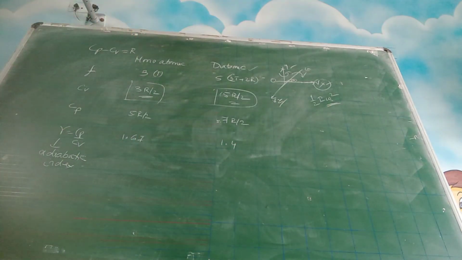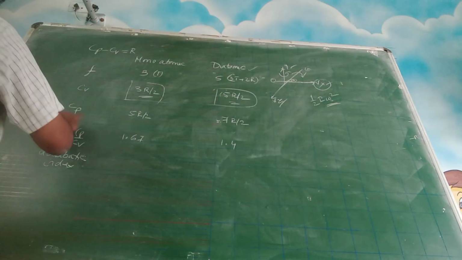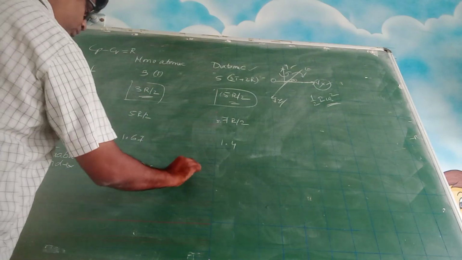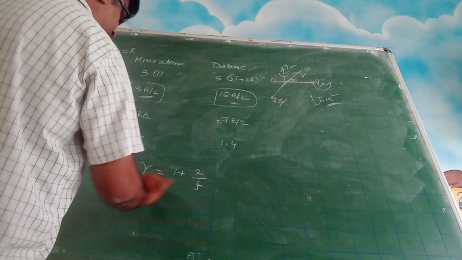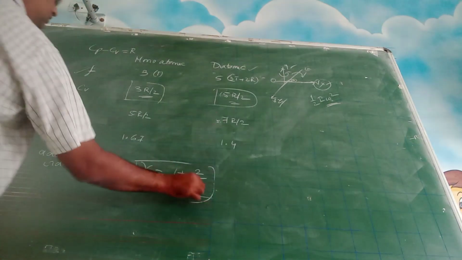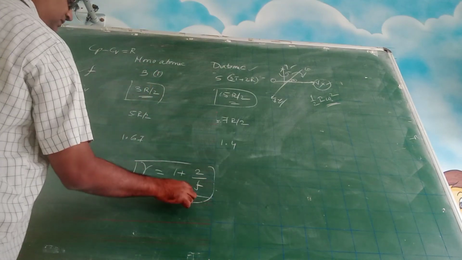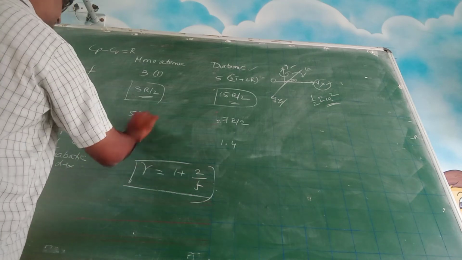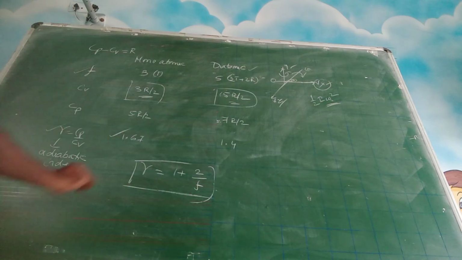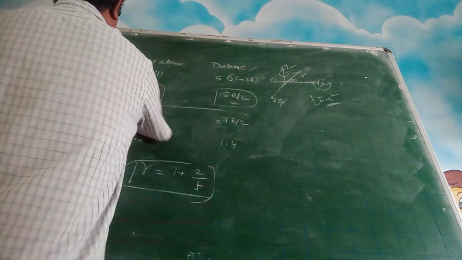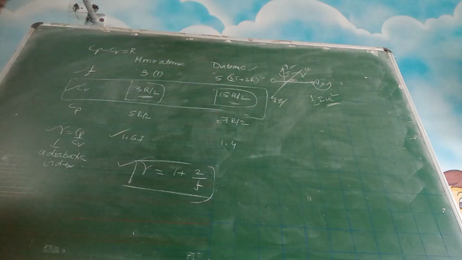Okay, and gamma and degrees of freedom can also be linked by gamma is equal to 1 plus 2 by f. This is also a useful relation. Put f is equal to 3 here, 1 plus 2 by 3. It is 2 by 3 is 0.67, 1 plus 0.67 is this. Okay, so you have to remember these values, this whole set. The rest are implied themselves.